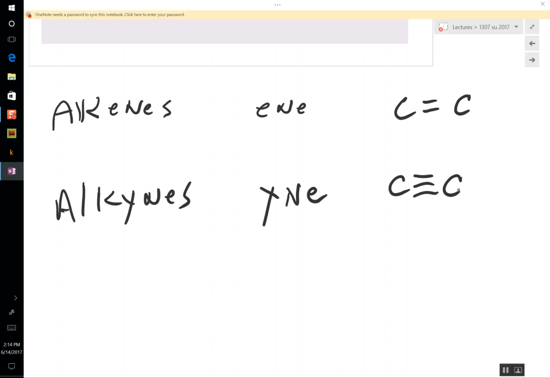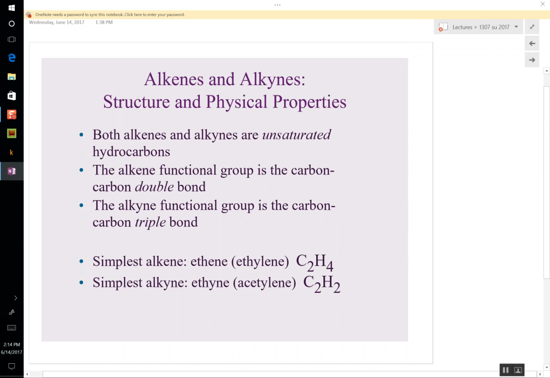You put one of these bonds in an alkane, and it's not an alkane anymore. It's an alkene or an alkyne. Both alkenes and alkynes are unsaturated. The alkene functional group is a carbon-carbon double bond. Alkynes are a carbon-carbon triple bond.